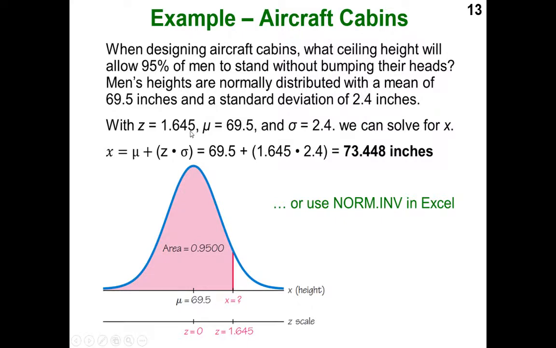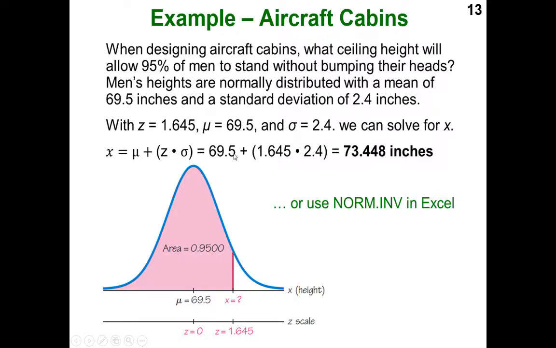Okay. And with a mean of 69.5 and a standard deviation of 2.4, if you take the equation x minus mu divided by sigma equals Z, that equation back at the beginning of this PowerPoint, you can solve for x, and x is going to be equal to mu plus Z times standard deviation.